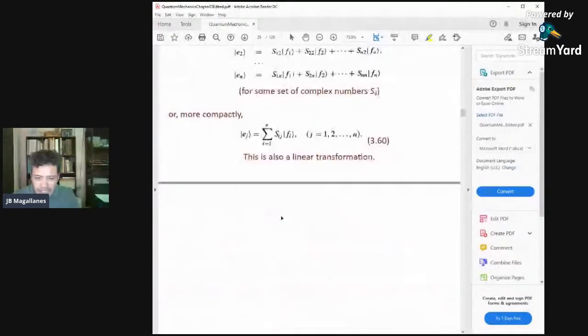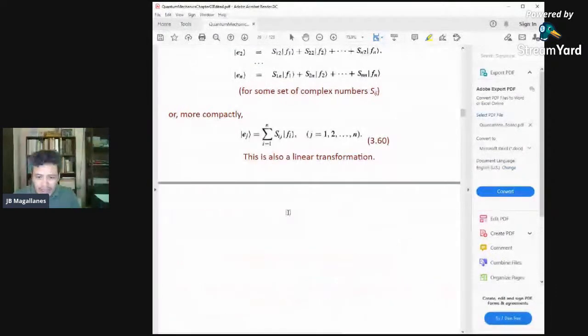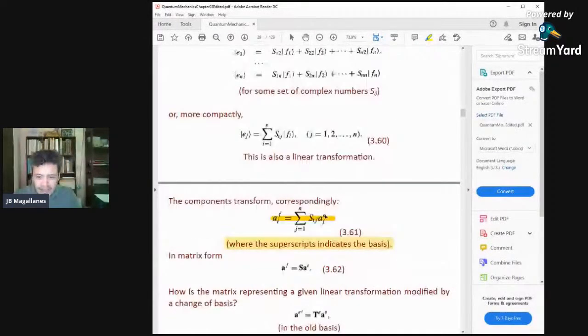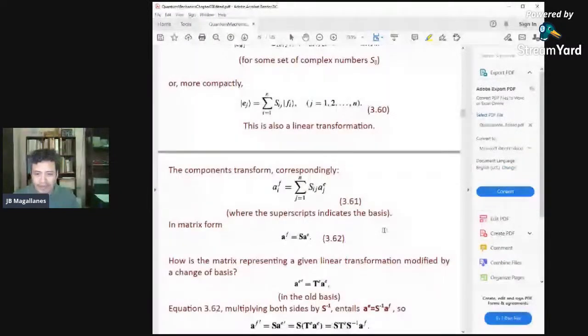In this case the basis is f, and here the old basis is e. So you can just use that matrix to transform the components of the vector with respect to the old basis to a different basis, in this case f. Equation 3.61 can be written in matrix form as this one.